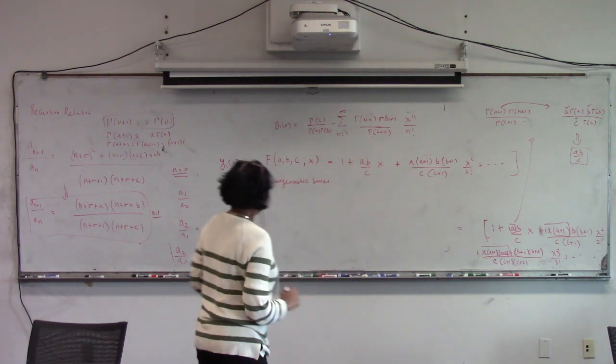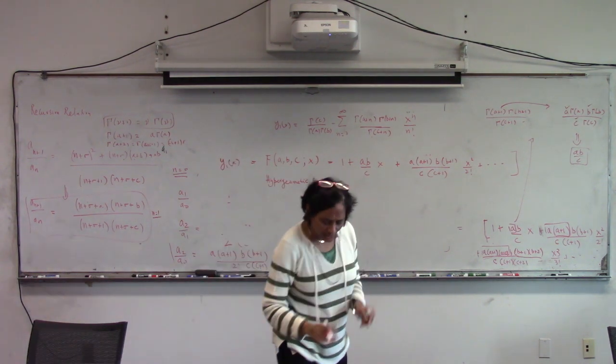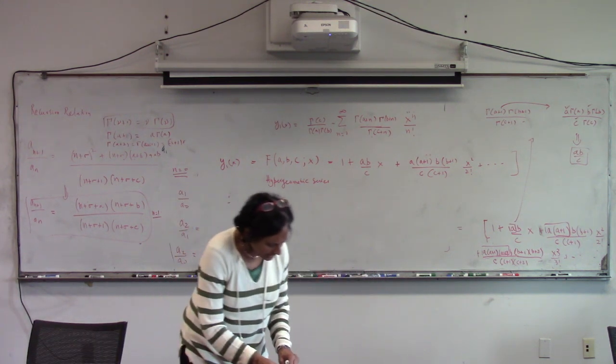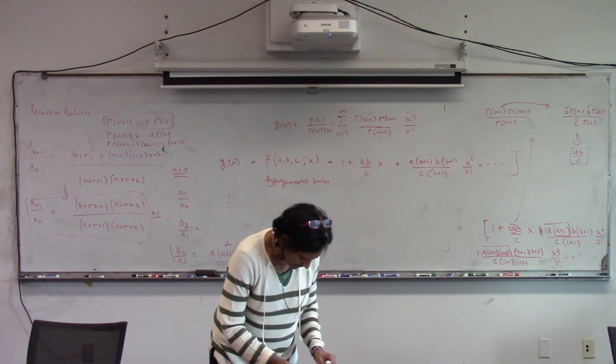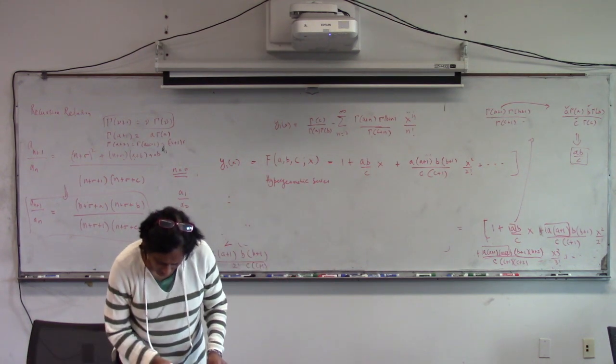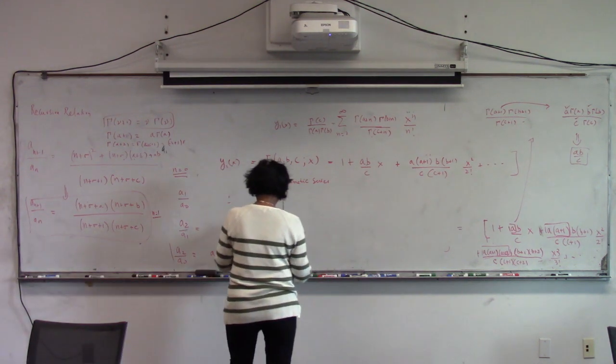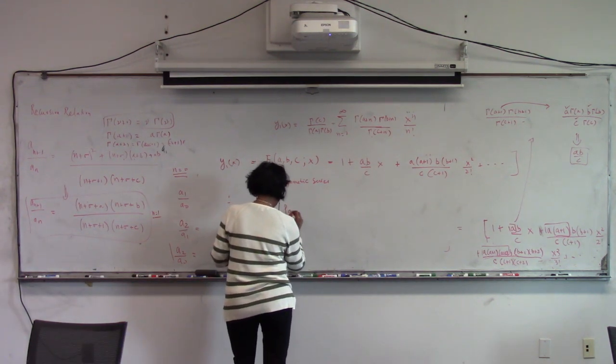Okay. All right. Now, there's another notation that I want to introduce because you may come across it in some of the quantum mechanics books. That is the Pochhammer symbol that I want to introduce also, in case.